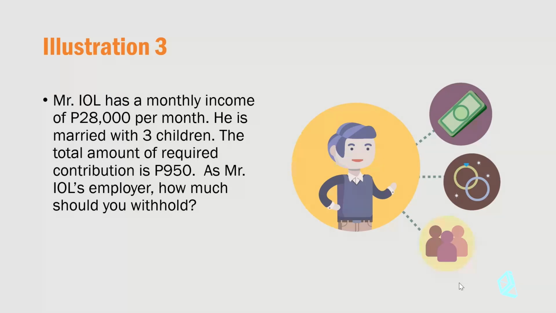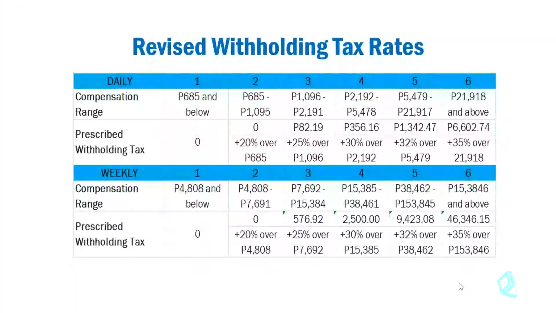that we will be imposing on Mr. IOL. So let's first try to look at the withholding tax table for compensation withholding. So you have here the provided tax rates. So you have their daily and weekly, and semi-monthly and monthly. So it depends on how you pay your employees.